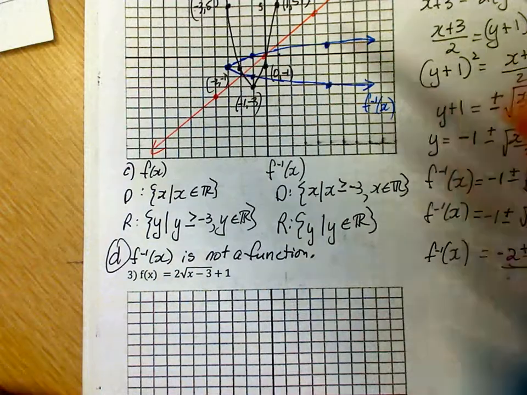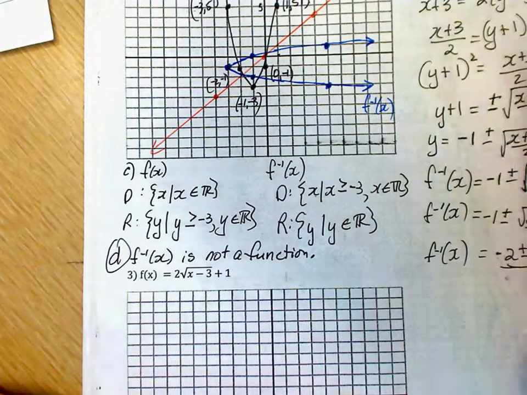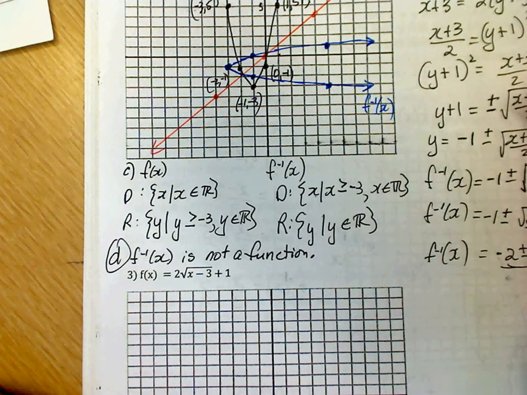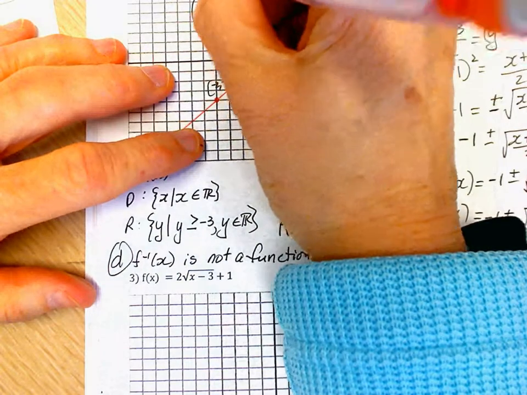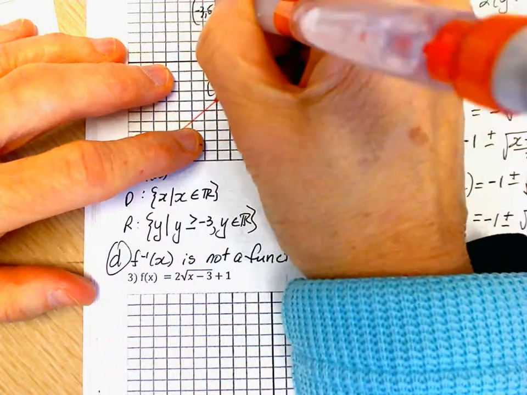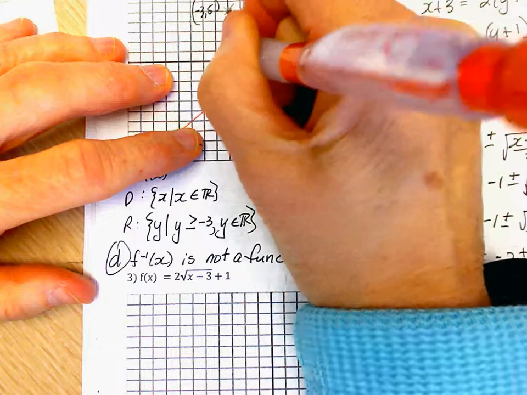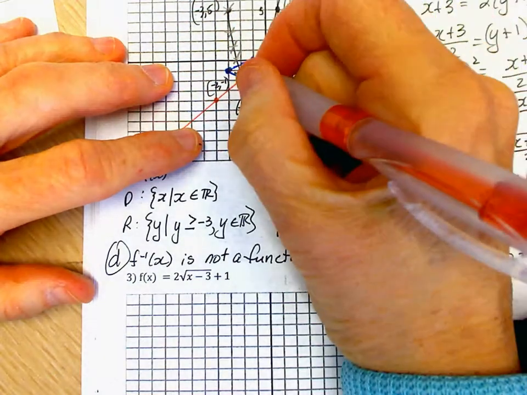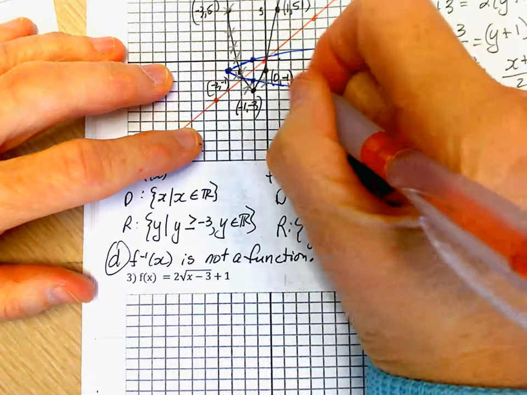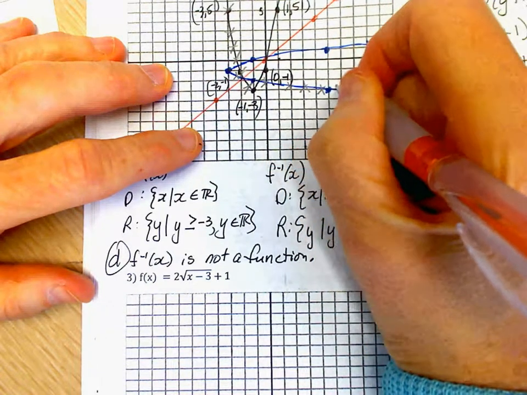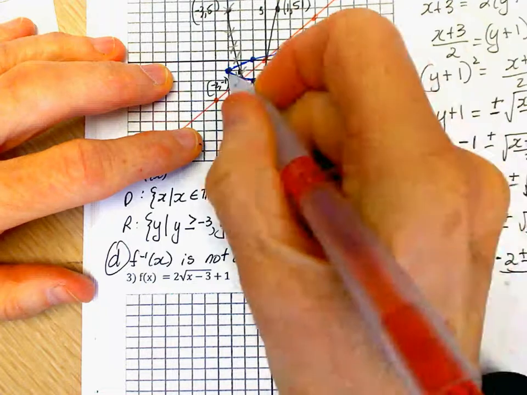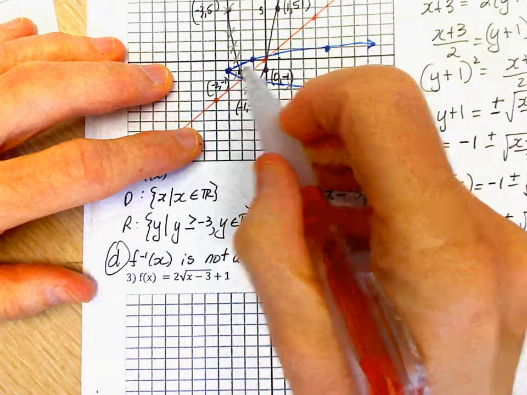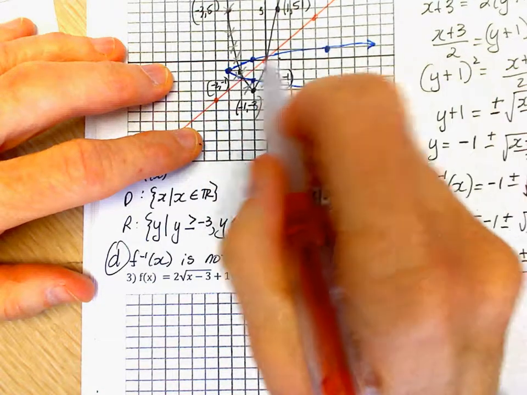So if I were to knock off this branch, that would knock off this inverse, right? So if I knock off that inverse, then I'll have a function now. This inverse will be a function.